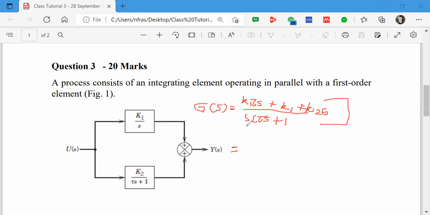So while you're having it like that now, you can factor out the K1, because in each term you can see that you've got K1 in the first one and K1 in the second one, but the third one doesn't have K1, so you just leave it as it is.